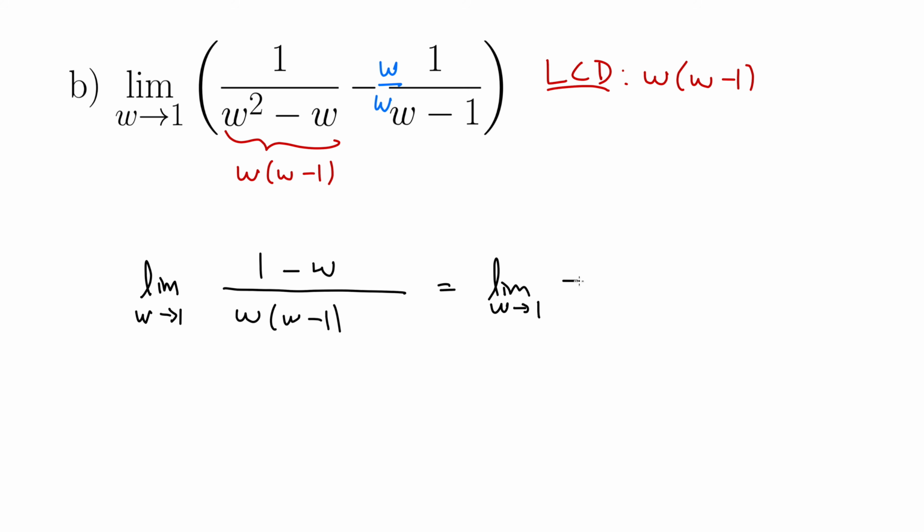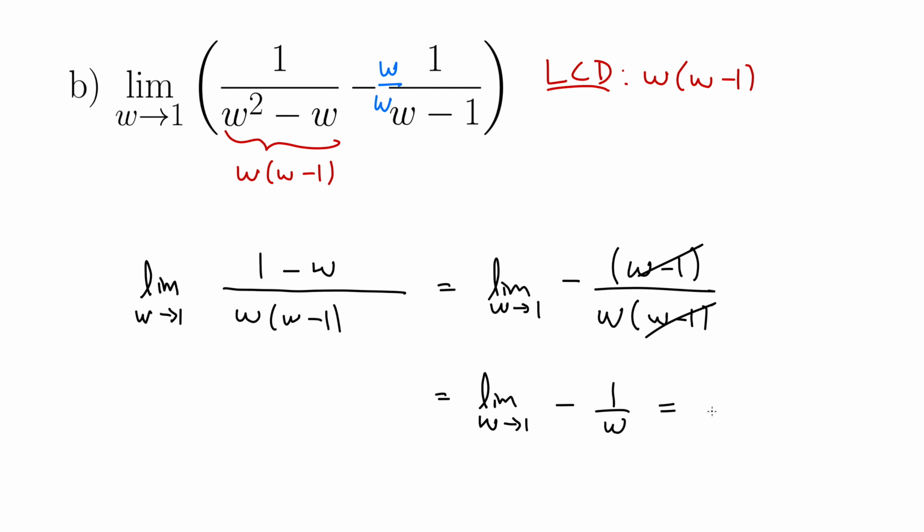How about we factor out a negative from the top there? That changes the sign of everything left behind, which would give us w minus 1. Now, in the denominator, we still have w times w minus 1, and there's the cancellation we've been looking for. So we have the limit as w goes to 1 of negative 1 over w, which is negative 1.